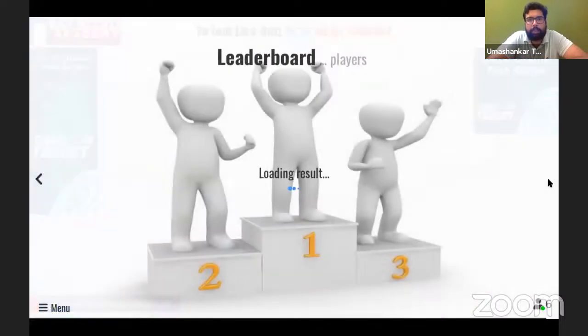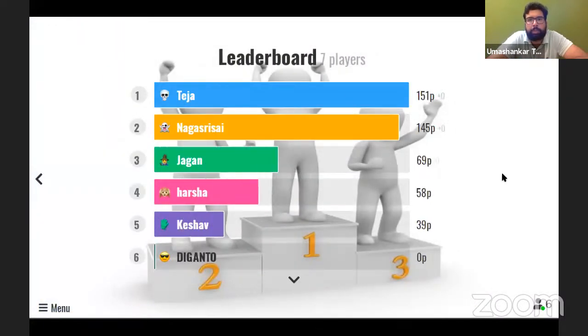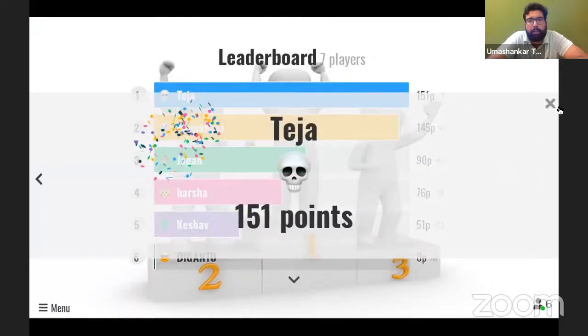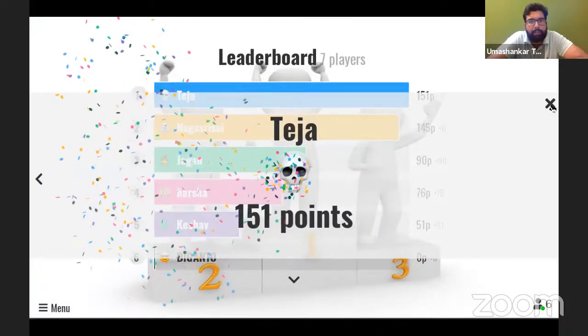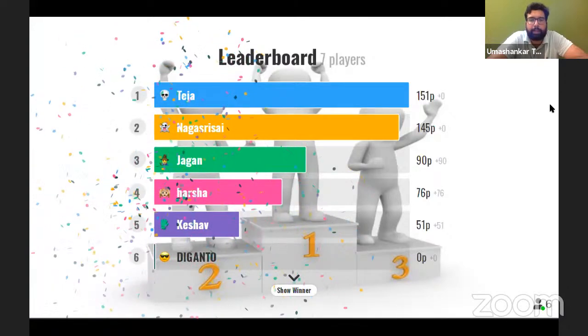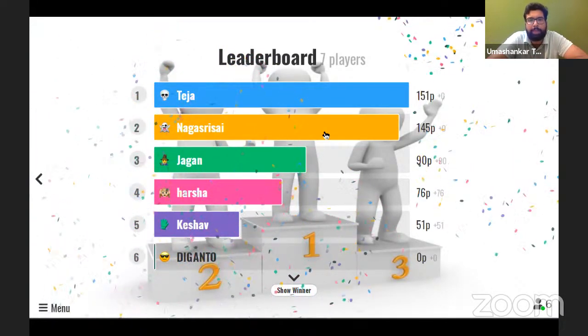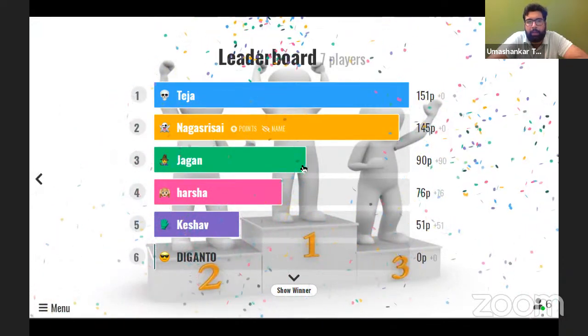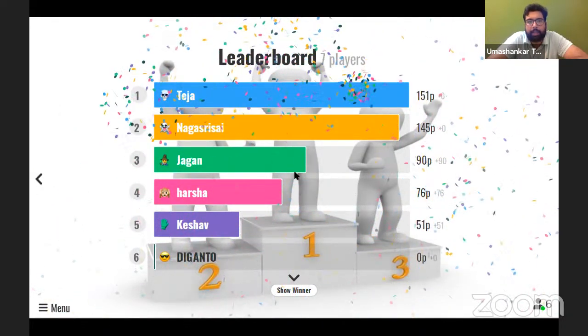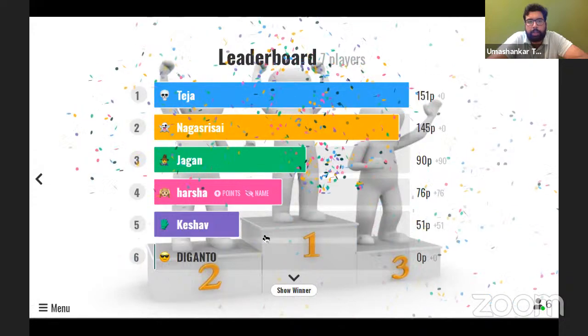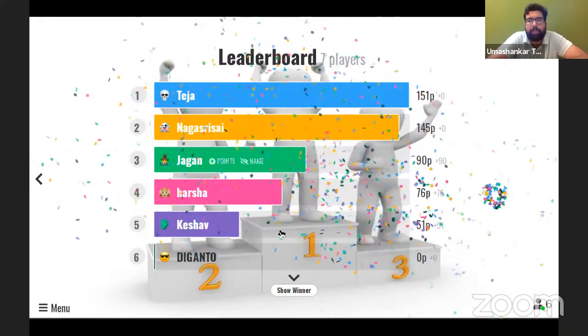So let's see the leaderboard. Teja has the most points in this quiz, 151 points, followed by Nagasri Sai, followed by Jagan. For this last question, Jagan, Harsha, and Keshav, you 3 have given the right answer.